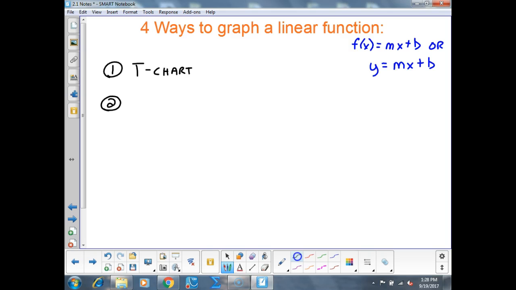A calculator. Or your Chromebook, or your phone, or some kind of a technological type thing, right?